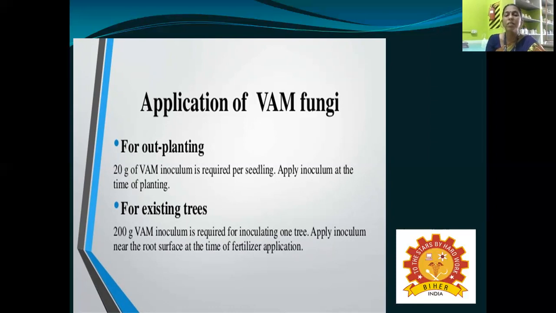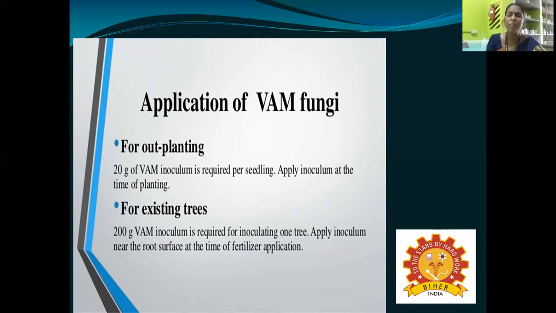Apply this inoculum near the root surface at the time of fertilizer application. So at the fertilizer application time, especially at the root surface, you have to apply this inoculum. Okay, so these are the main important features of the application of this VAM.